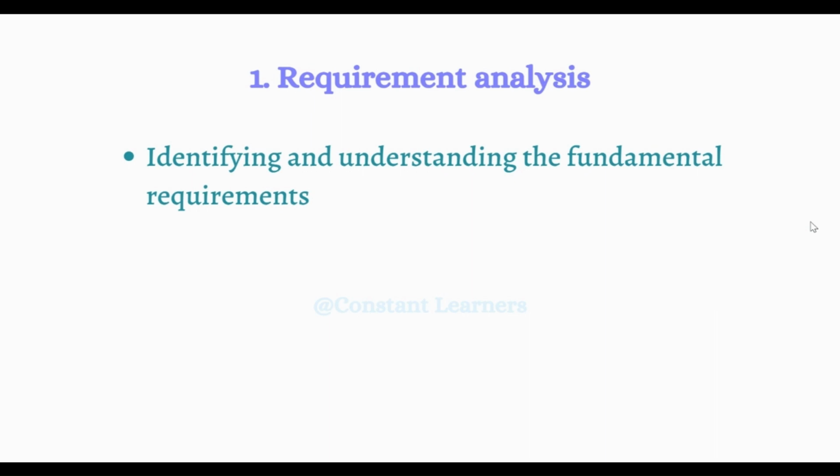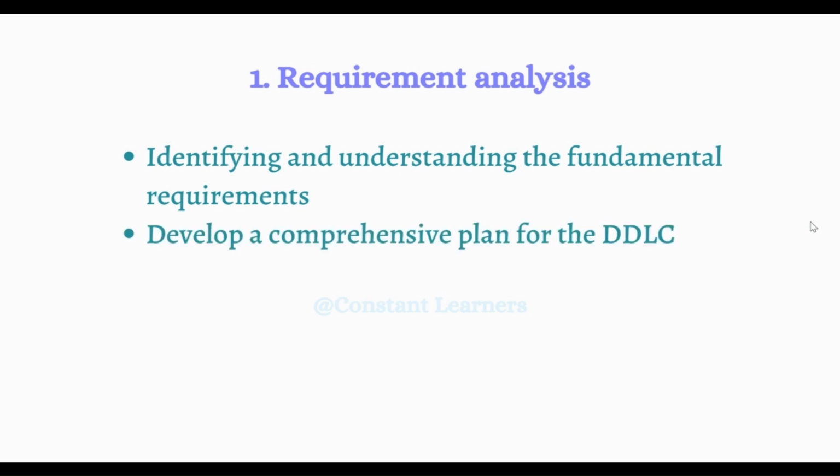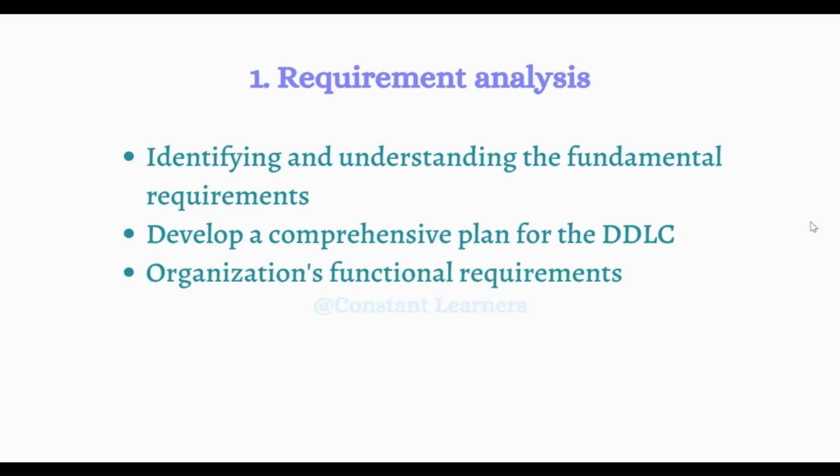All right. Then these requirements guide the design of the database to develop a comprehensive plan for the entire database development life cycle, while considering the organization's functional requirements, that is, which operations they would like to perform on the data and what functions do they expect the database to perform, right?